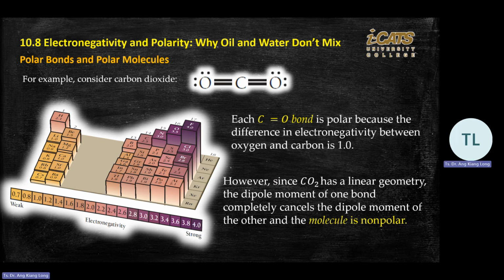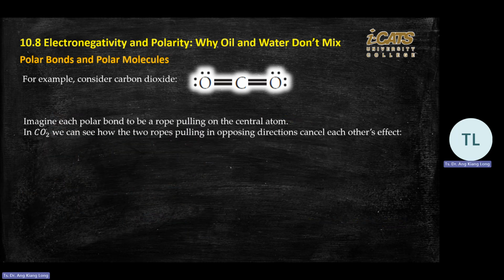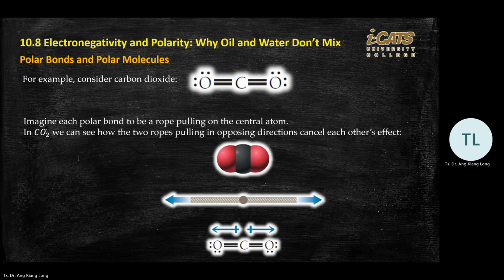Okay. The previous example was only one bond between two elements, but this one is a molecule, right? In CO2, you imagine the poles like pulling ropes. How do we illustrate or present our answer? That is a balanced dipole.